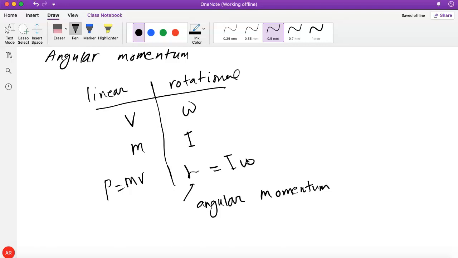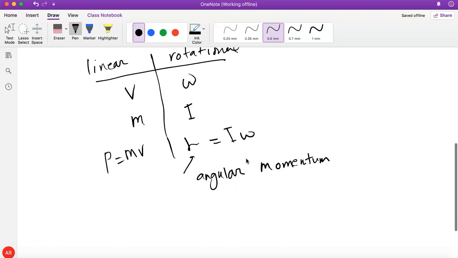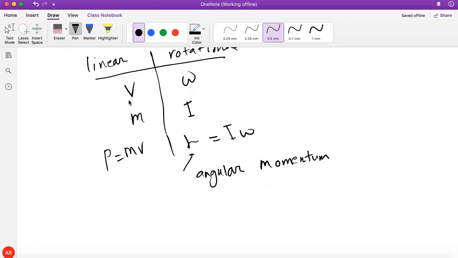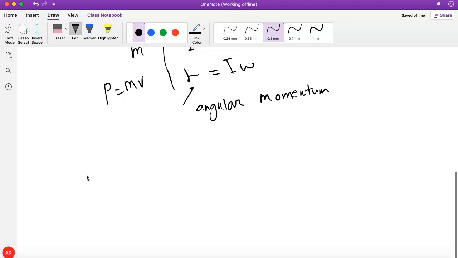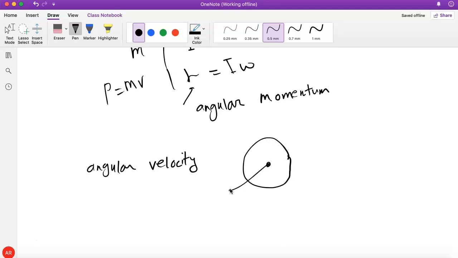For example, notice that the velocity is a vector. It has a direction. When we were talking about angular velocity, we just defined a sign. We didn't really discuss having a vector that points in any direction. We just said, you look from the top, you have some object, let's say this is your axis, and if the rotation is counterclockwise, we say omega is positive.